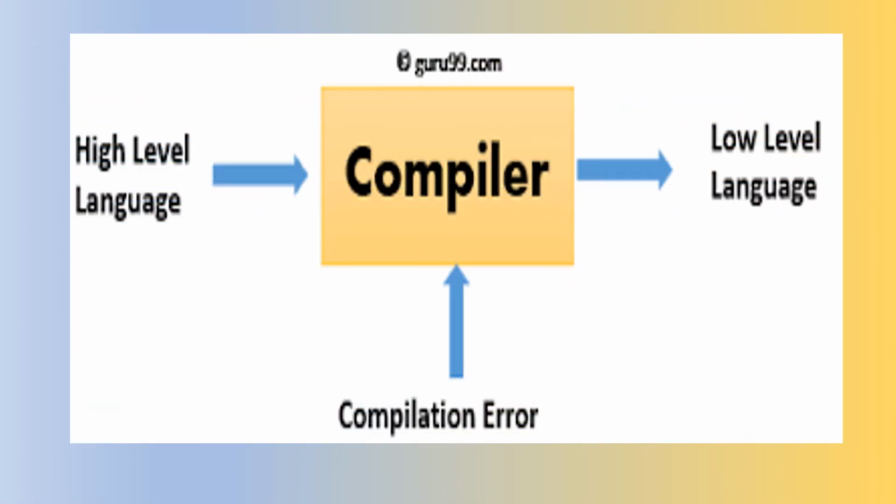See, here in the middle compiler is written and here we have high level languages. The high level language is here and we are using compiler, and what the compiler is doing, it is converting into low level language, that is machine language. So let us learn about these two programs one by one.